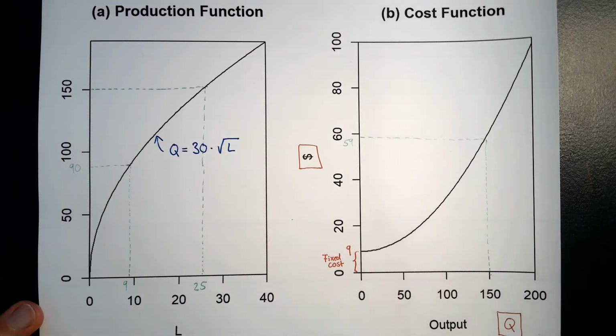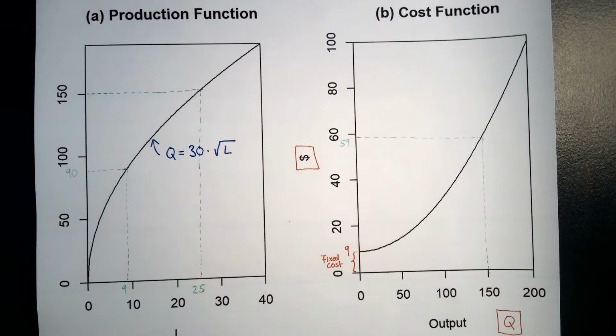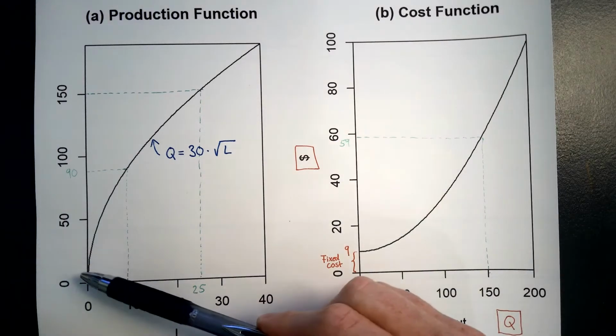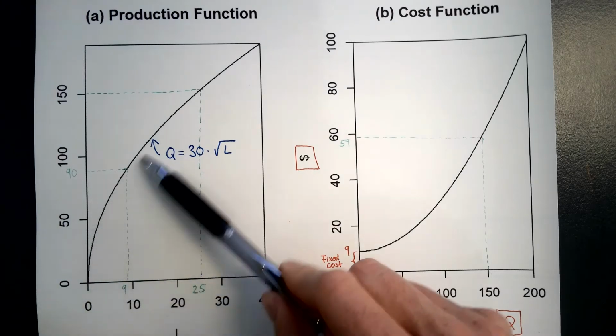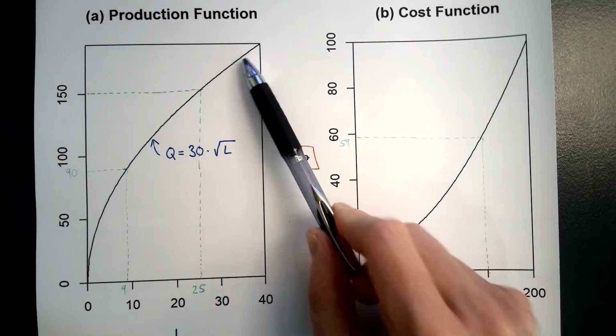Okay? Now, you can see that the shape of the production function and the shape of the cost function are related to each other. So you have the production function that exhibits decreasing marginal productivity.